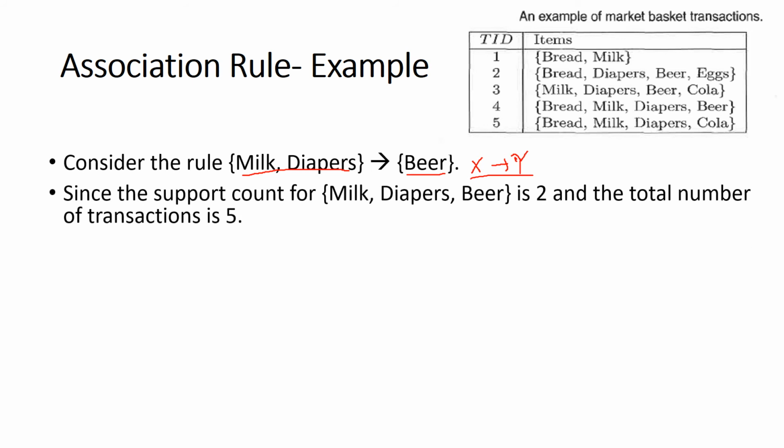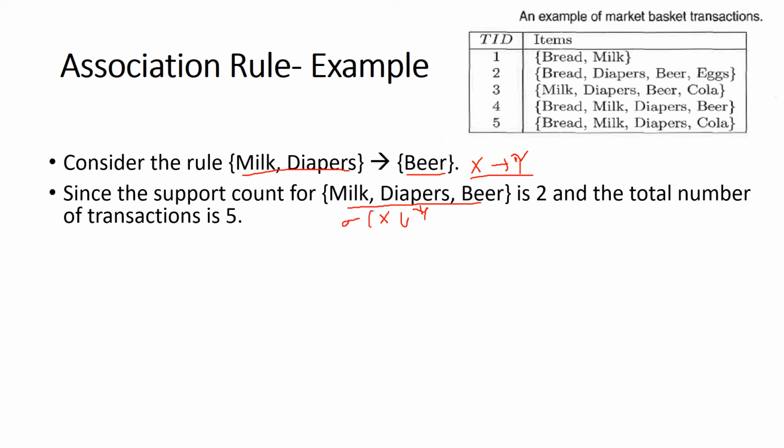In order to calculate the support of the association rule, we need to understand the support count of the set X union Y, which is milk, diaper, beer in this case. So milk, diaper, beer is X union Y. We need to calculate the support count for this, which is denoted by rho.